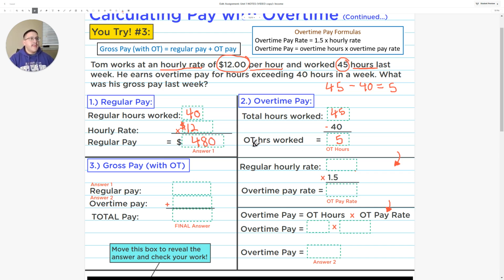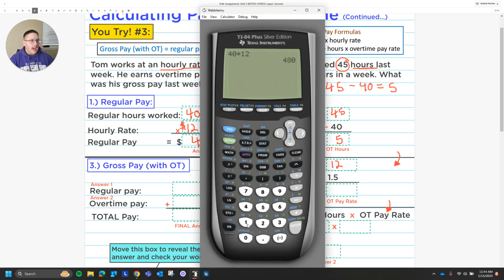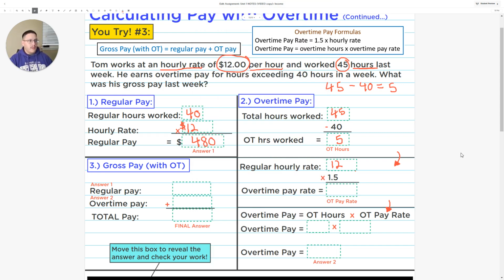Now, we already figured out the amount of overtime hours, so now we need to figure out the overtime pay rate, which is regular hourly rate 12 times 1.5. I believe it should be 18, but let's check. 12 times 1.5 is $18.